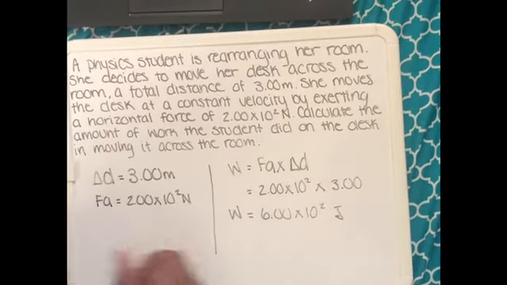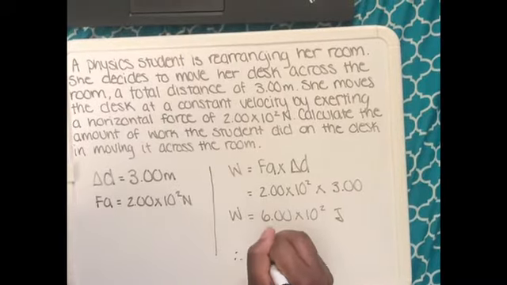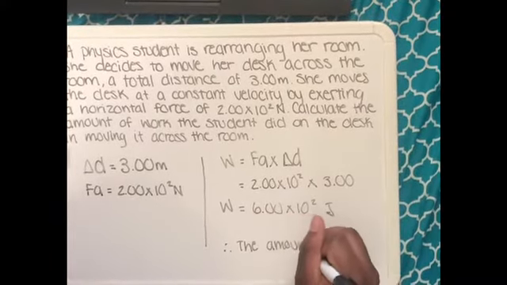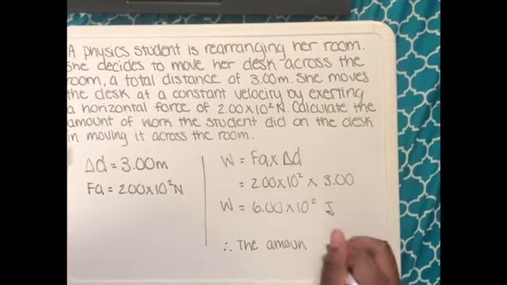So, therefore, the amount of work done by the student is 6.00 × 10^2 joules.